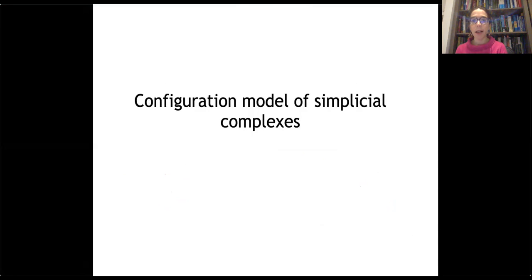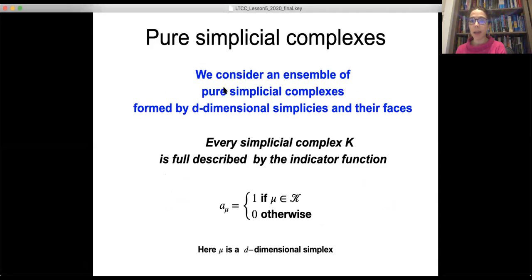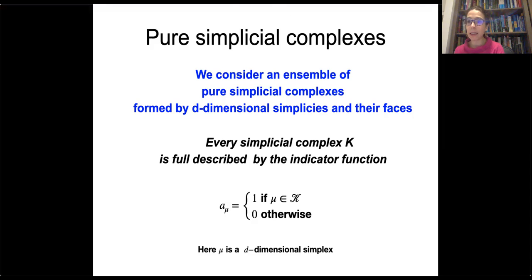So we consider a model for a pure simplicial complex in which we describe the simplicial complex with a tensor a_mu, where mu is a set of d+1 indices, and in this case a d-dimensional simplex mu.